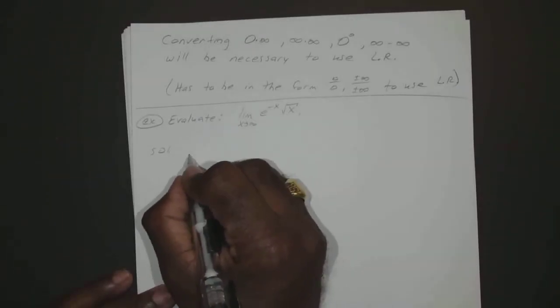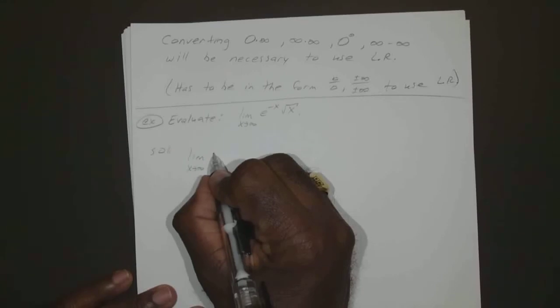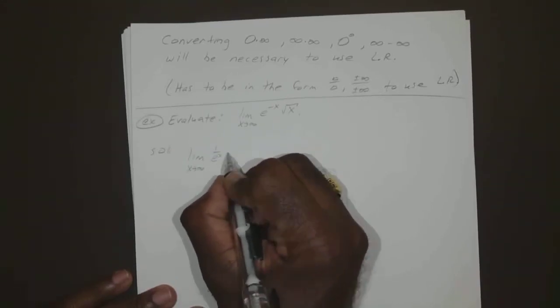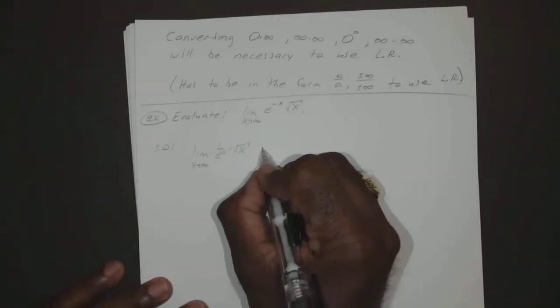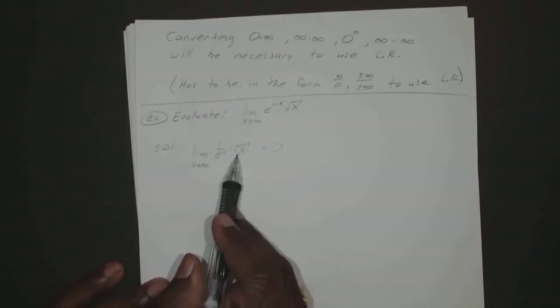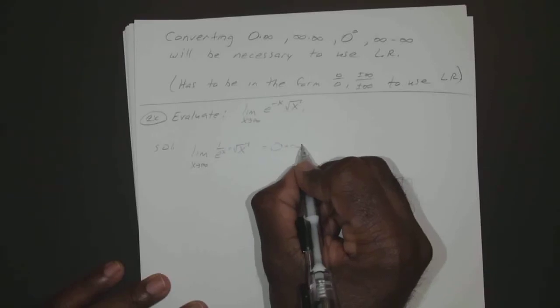And if you just made x get bigger and bigger, 1 over e to the x is just getting really close to 0. Let's say 1 over e to the x times square root of x, just to rewrite it. But if you plug in square root of infinity, that's just going to keep getting bigger and bigger. So you really just end up with 0 times infinity, which means you can't use it yet.